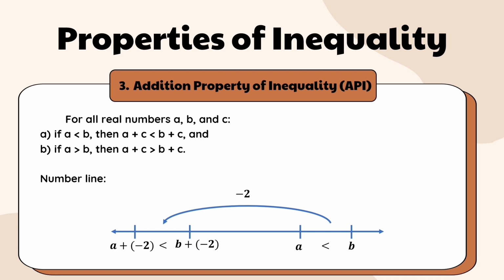Remember that there is no such thing as subtraction property of inequality, because the addition property of inequality also covers subtraction, because subtracting a number is the same as adding its negative. Just like this example, A plus negative 2 is less than B plus negative 2.